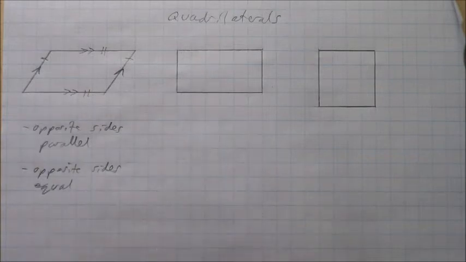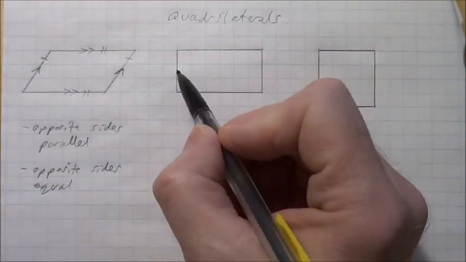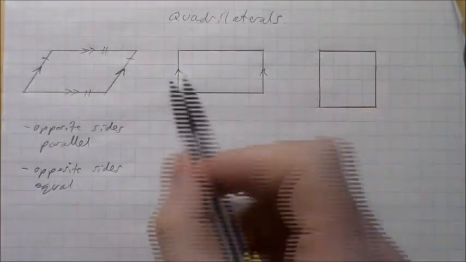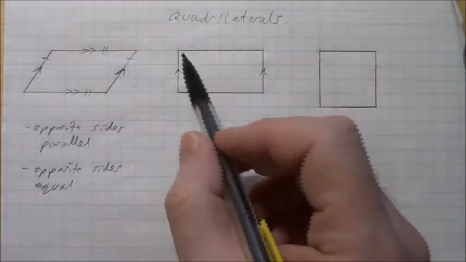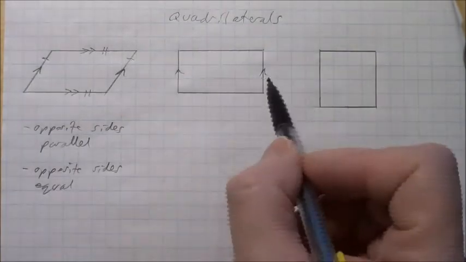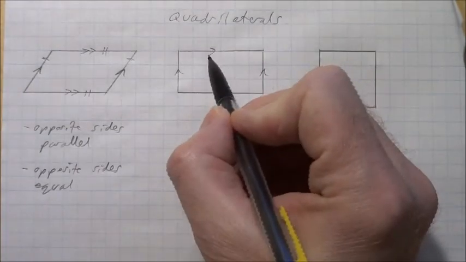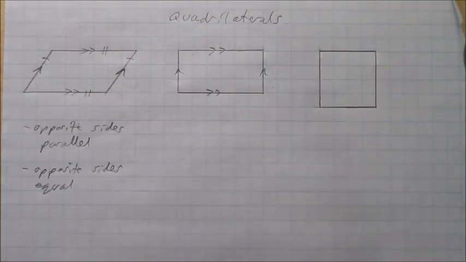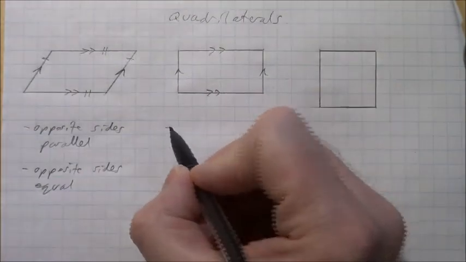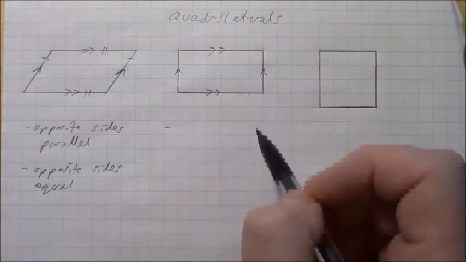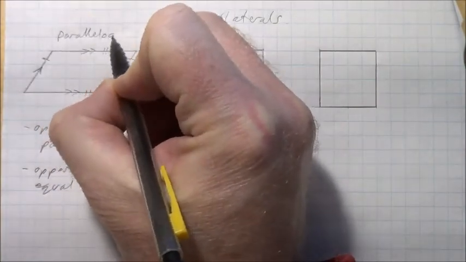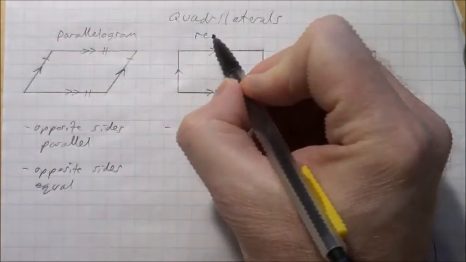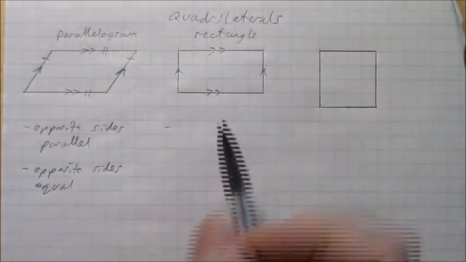Then when we move over to this rectangle, usually the opposite sides of a rectangle aren't shown with these parallel symbols, but I'll do that just for consistency with the last diagram we drew. I'll also label each of these: here's a parallelogram, and here's a rectangle.